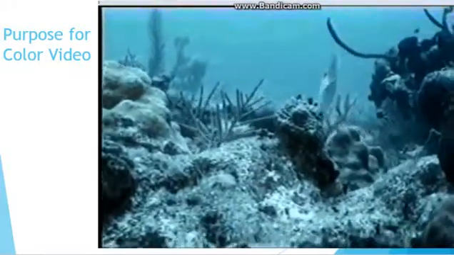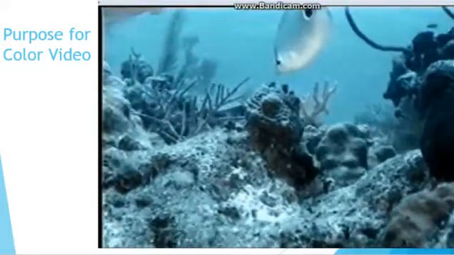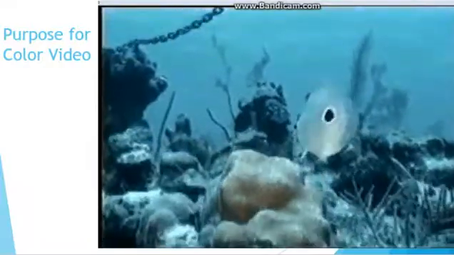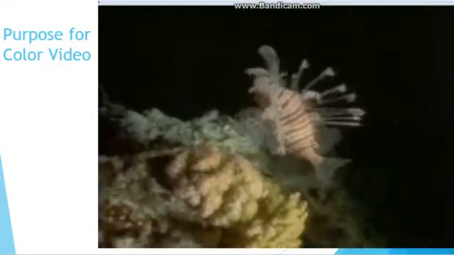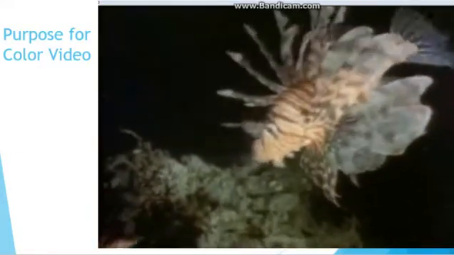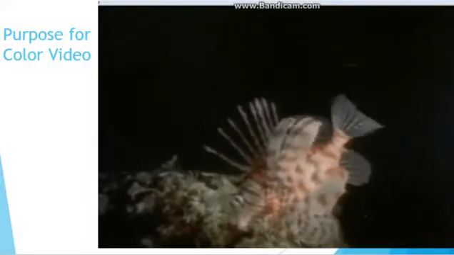The spot looks like an eye. It can cause predators to bite the tail rather than the head, giving the fish a chance to escape. It can also confuse predators, making them think that the butterfly fish is much bigger. Coloration can also be used as advertisement. The bright colors and patterns on this fish advertise the fact that it has venomous spines and that other fish ought to stay away.